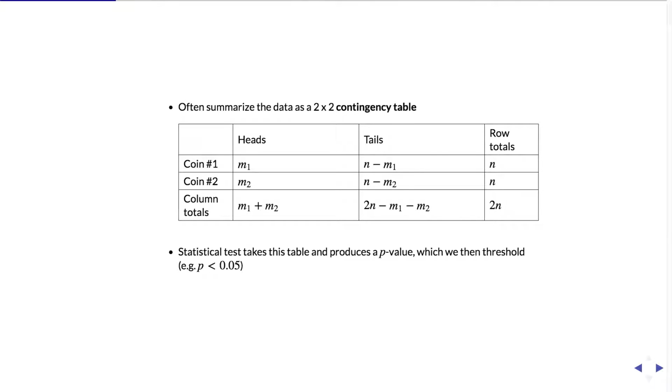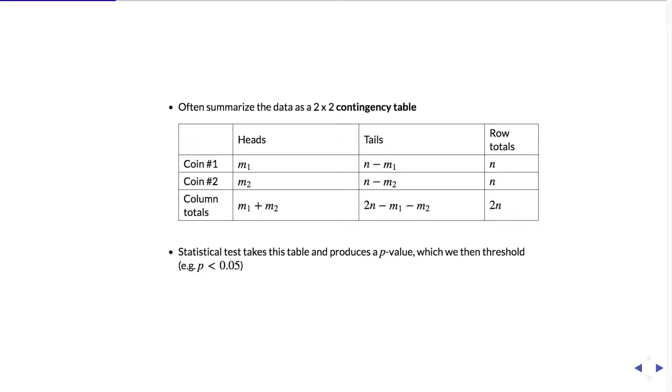Often you'll see that people summarize the data in what are called contingency tables. Here you've got, on the left, coin number one, coin number two, and then the outcomes: M1 heads for coin one, M2 heads for coin two, and then the complementary number of tails.